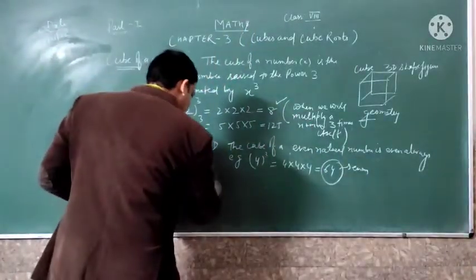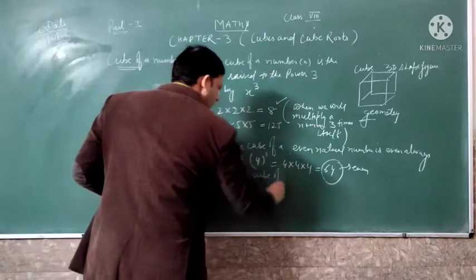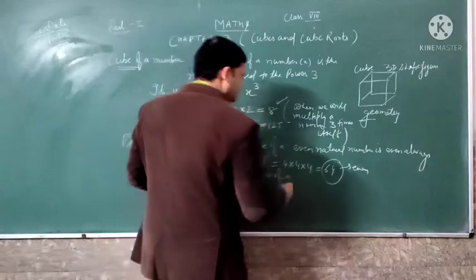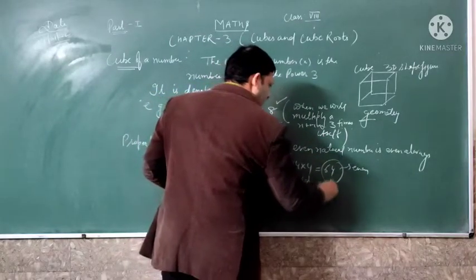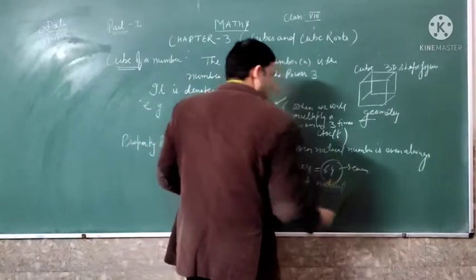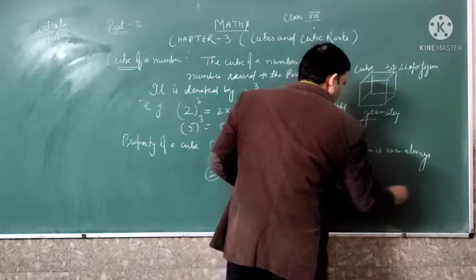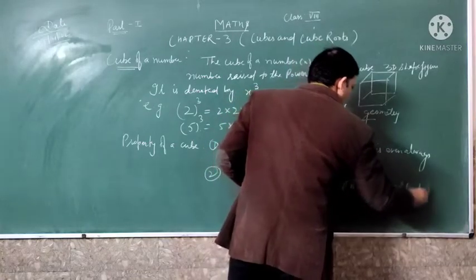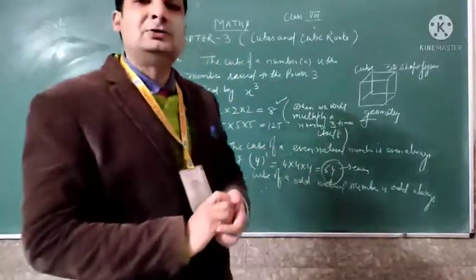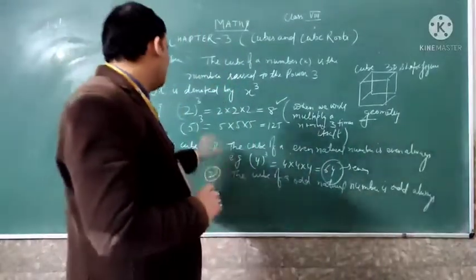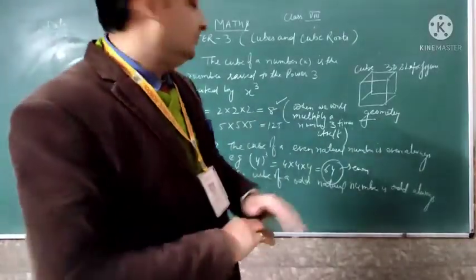The second property: the cube of an odd natural number is always odd. It means whenever we take an odd natural number, like 5, the cube of 5, 5 multiplied 3 times, is 125.